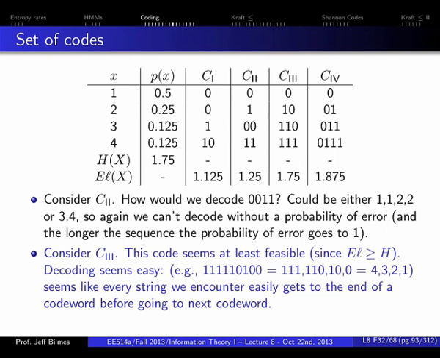Notice, for example, that no code word in C3 is a prefix of any other code word. 0 is not a prefix of 10. 0 is not a prefix of anybody else, because all the other code words start with 1. 10 is not a prefix of 110 or 111, since all the other code words other than 0 start with 11. And similarly, 110 and 111 are not prefixes of each other. They're unique. So it seems to have a prefix-free property.